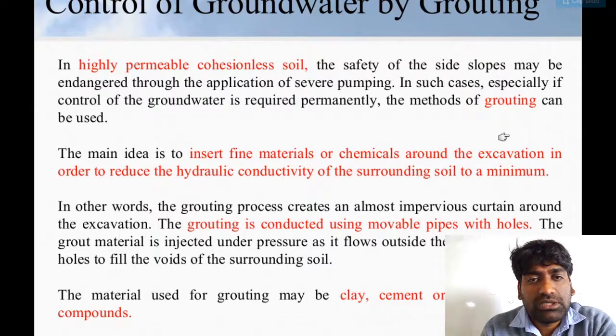In other words, the grouting process creates an almost impervious curtain around the excavation. The grouting is conducted using movable pipes with holes. The grout material is injected under pressure as it flows outside the pipes through the holes to fill the voids of surrounding soil. The material used for grouting may be clay, cement, or special chemical compounds.